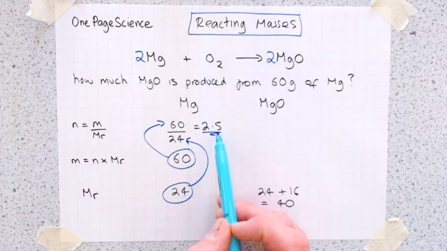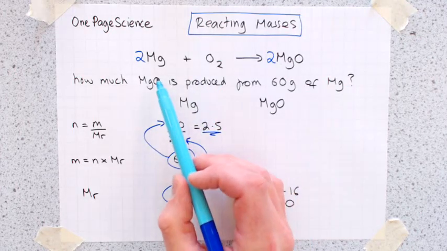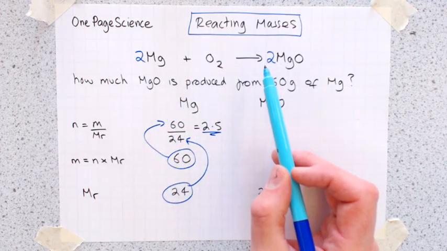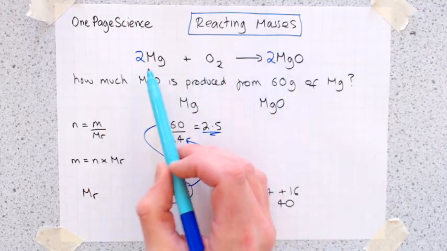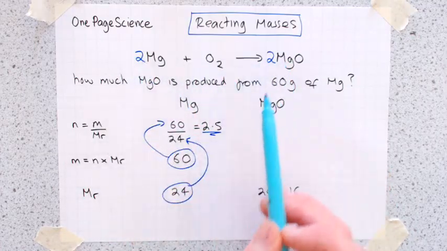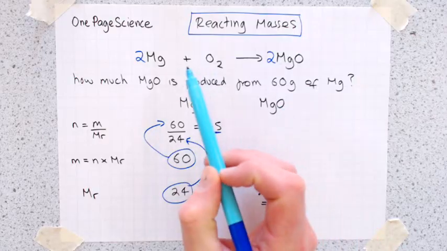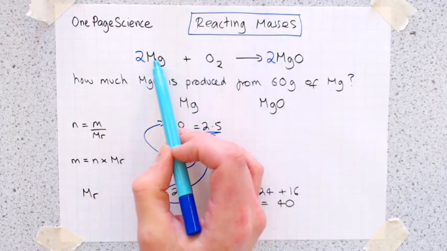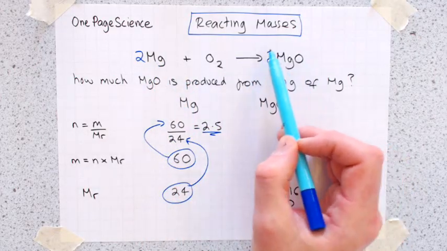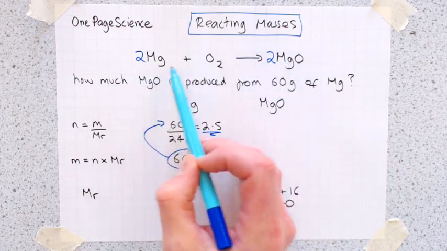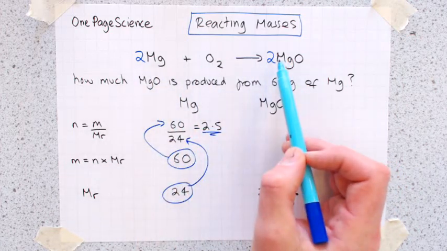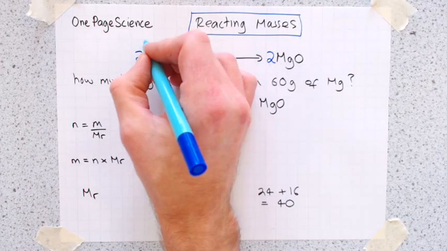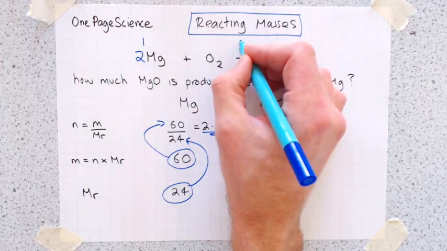This is the point where we need to look back at the equation and look at the numbers in front of each substance. This equation tells me that 2 magnesiums react to make 2 magnesium oxides. So the ratio here is 2 to 2, which is the same as a 1 to 1 ratio.